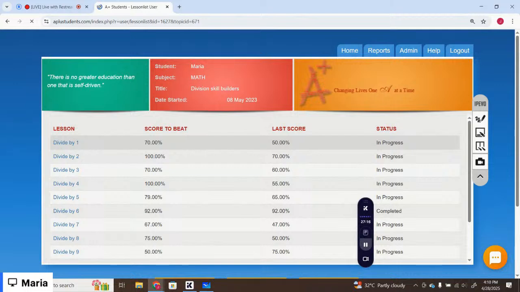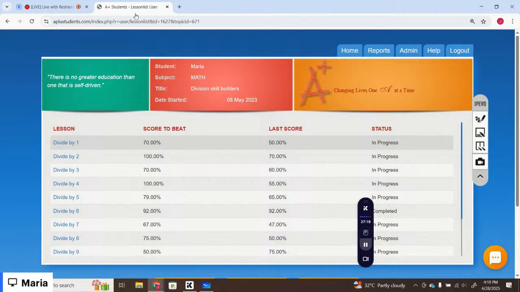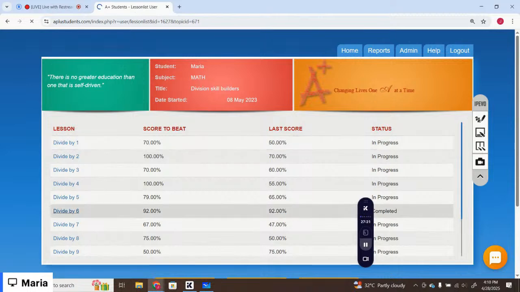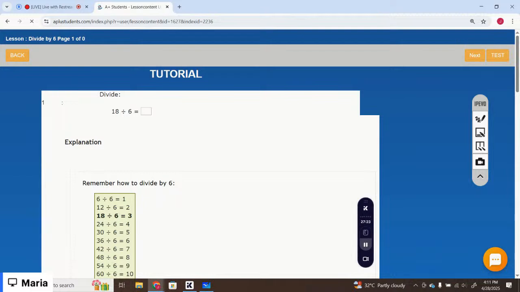The next lesson is divide by 6. Let's just start with the lesson. 18 divided by 6. You need to count a table of 6 until 18.